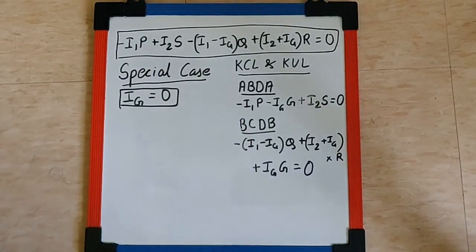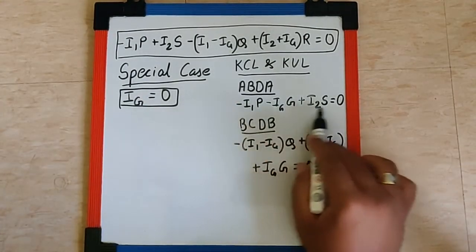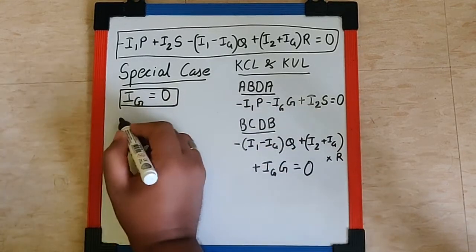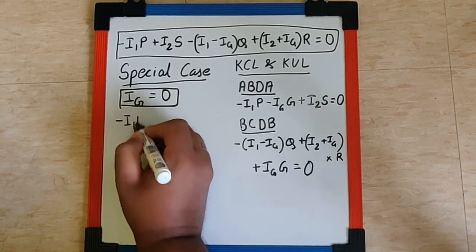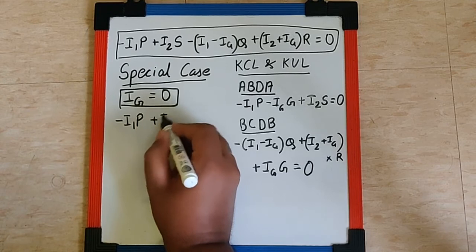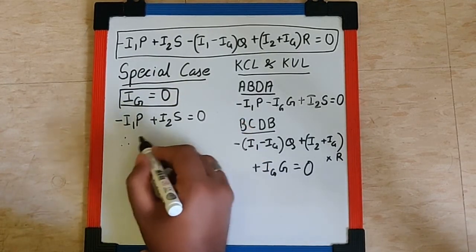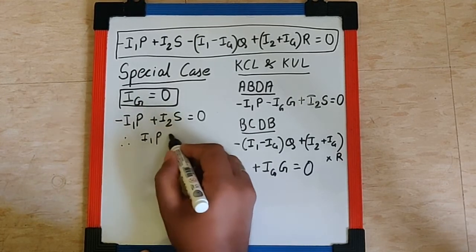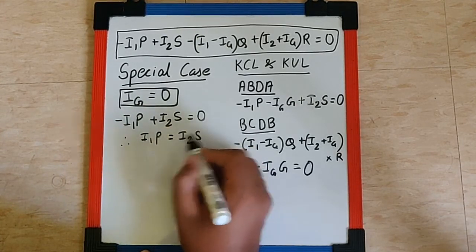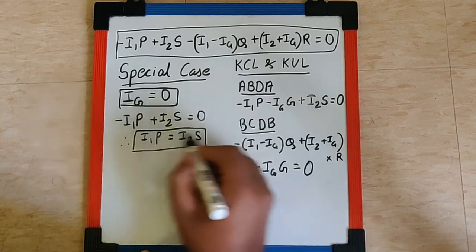Yes, this is a special case, IG equal to 0. Now if we apply that in this equation, we get minus I1P plus I2S equal to 0, which means I1P is equal to I2S as the first equation.